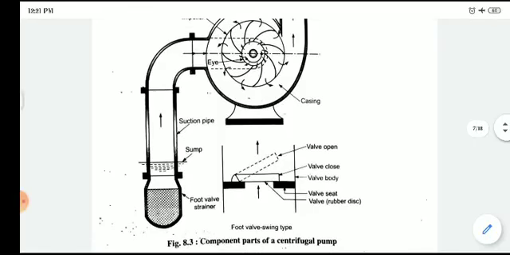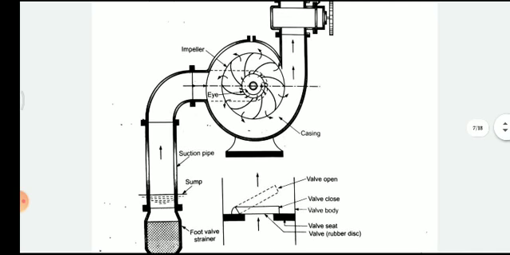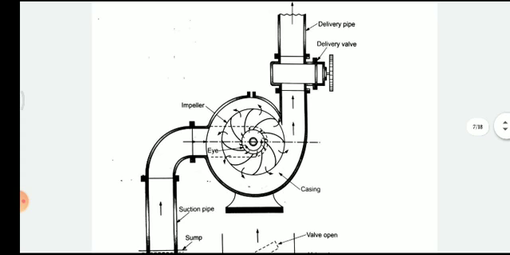At the middle section is an impeller in the pump, which is connected to the electric motor through a shaft, and the shaft is connected to the impeller.